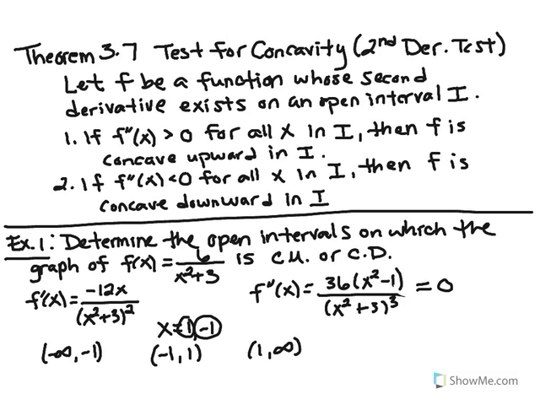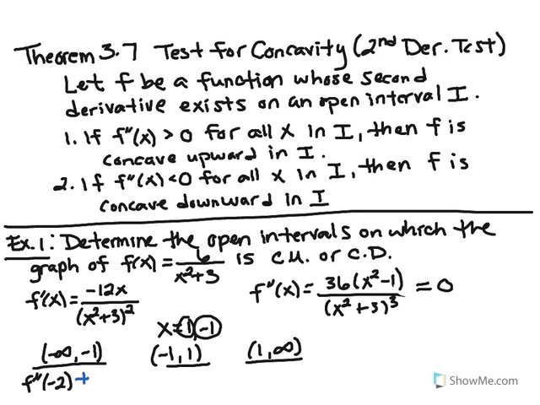So let's see what happens with all of these when I plug some values into the second derivative function. So let's say I do f double prime of, we'll say, negative 2. That's within that interval. And when I do that, I happen to get something that is positive.